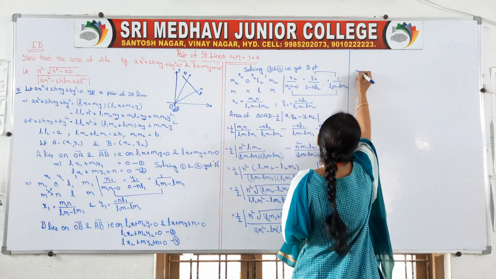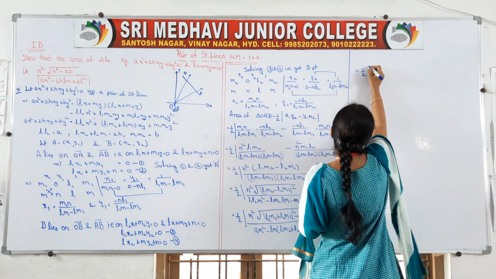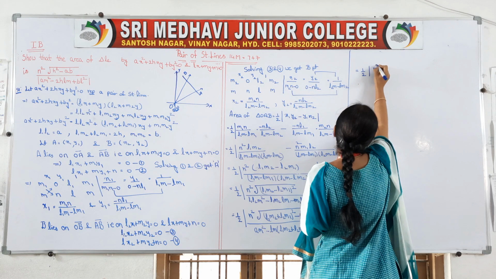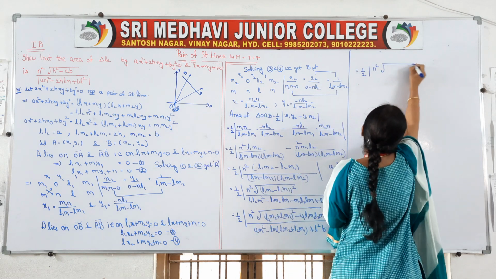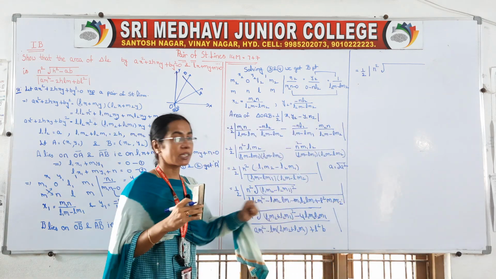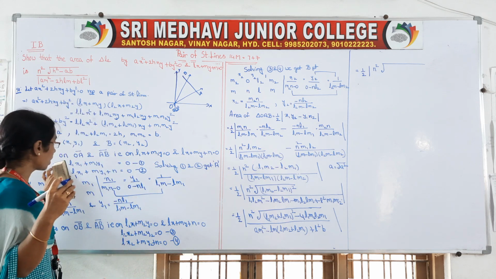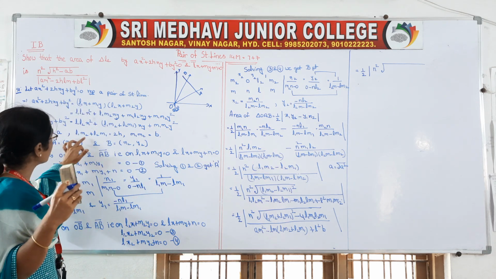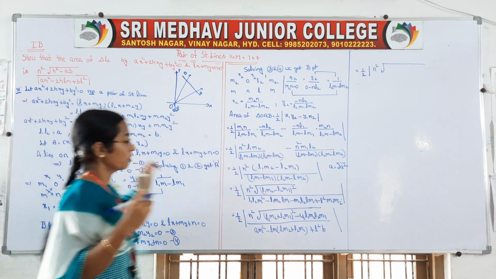Okay, so is equal to 1 by 2 into modulus of n square root of, what is this? If you observe this one, L1 m2 plus L2 m1, after comparison we got L1 m2 plus L2 m1 is equal to 2h, we got it.